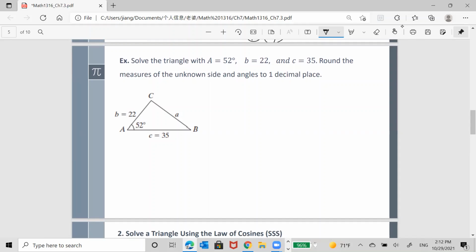First step, find the side a. a squared equals b squared plus c squared minus 2bc times cosine A. And then a squared equals 22 squared plus 35 squared minus 2 times 22 times 35 times cosine 52 degrees, and use the calculator.